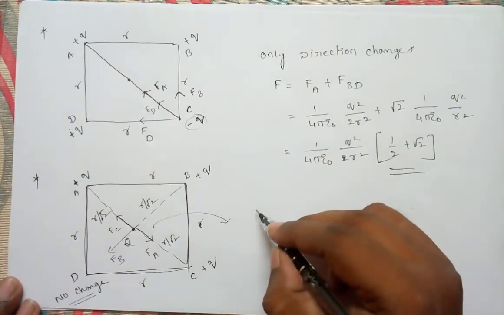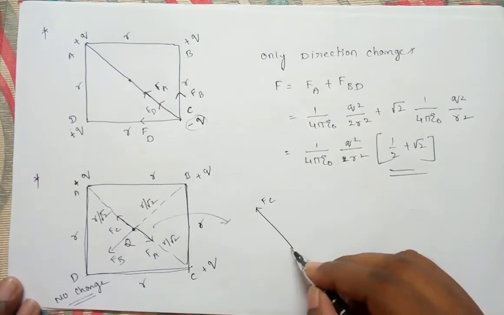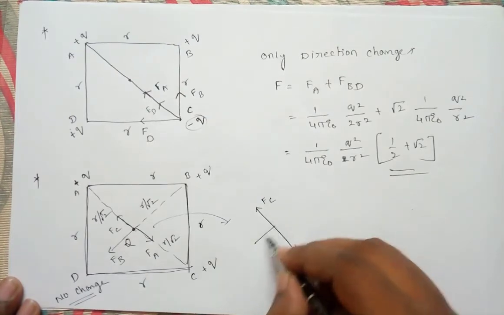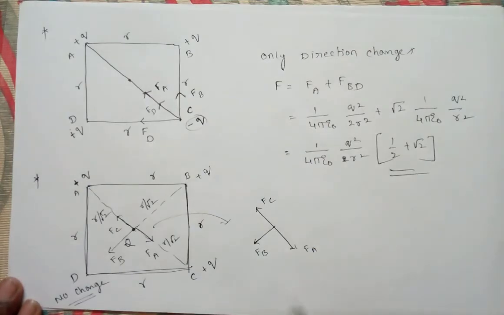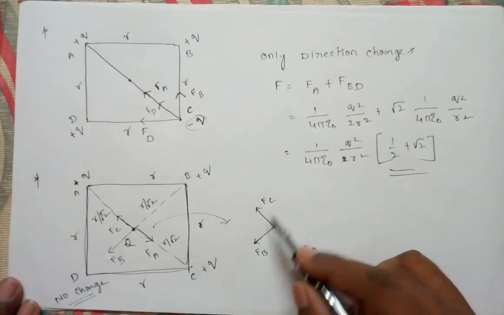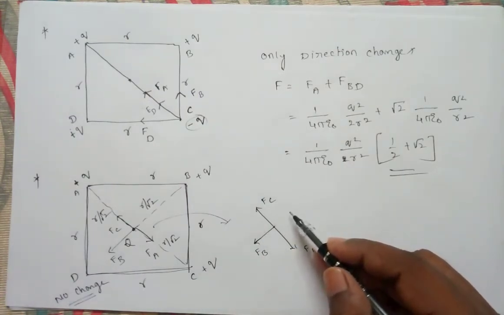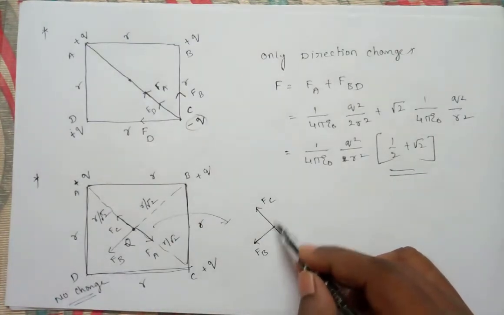Here we have the forces like this: FC, FA and FB. In the previous case, if the charge is present at D, then FB will be counterbalanced by the force FD. But here the charge is not present, that's why it is not counterbalanced.